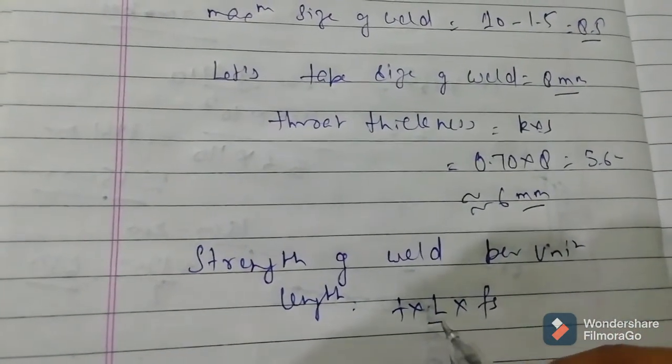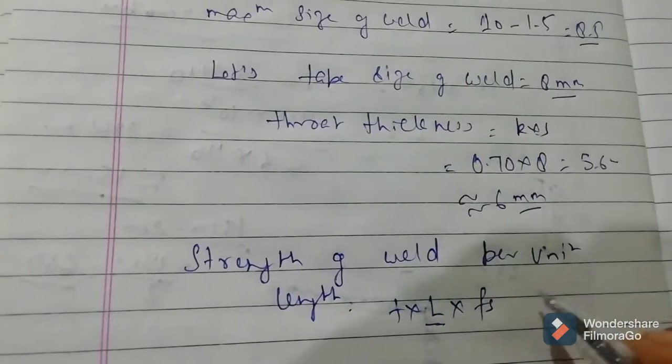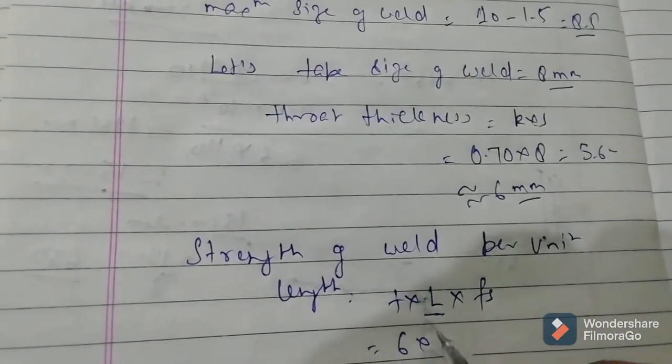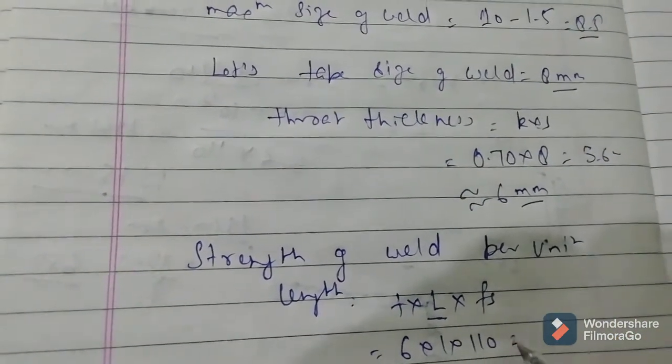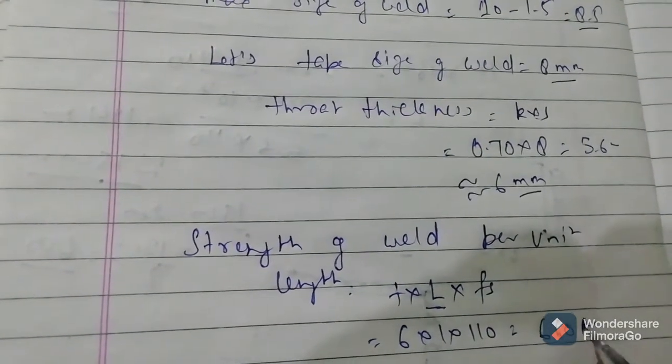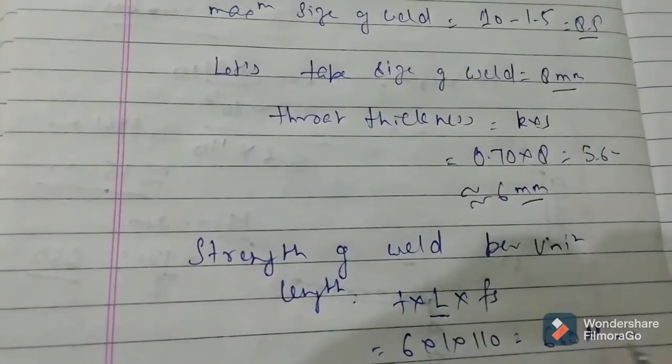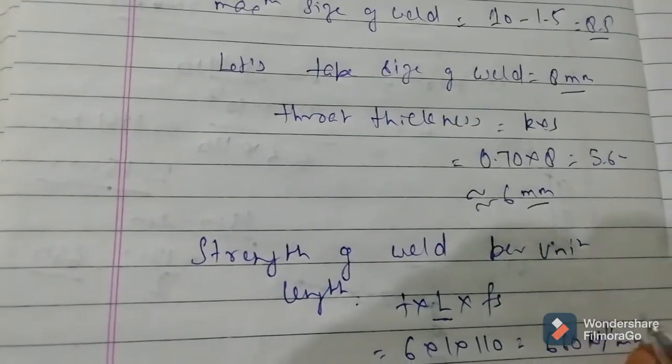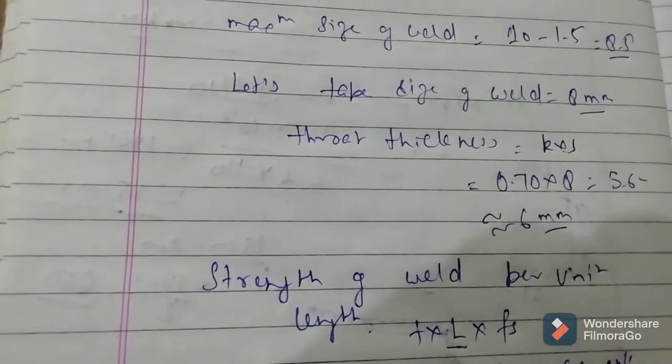Here we take L equal to per unit length, so you can put 6 into 1 into 110, that is 660 Newton per mm. 660 Newton per mm.